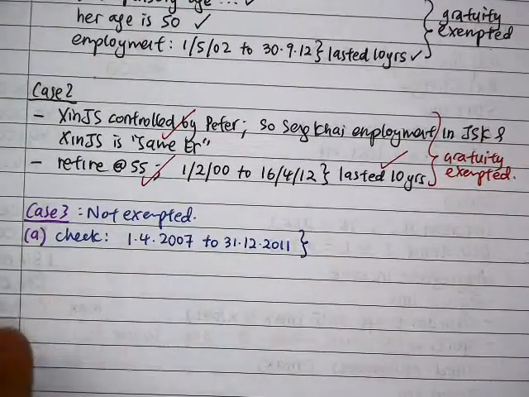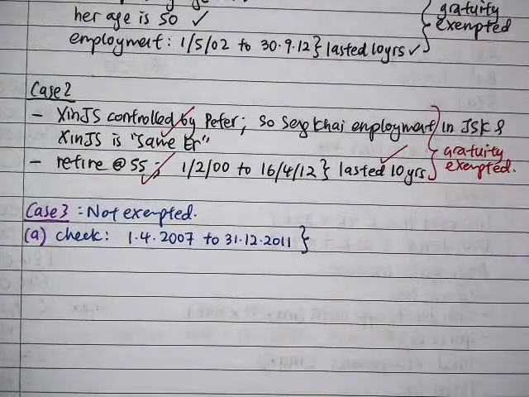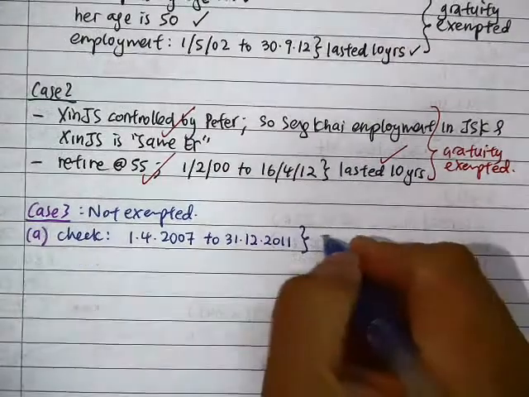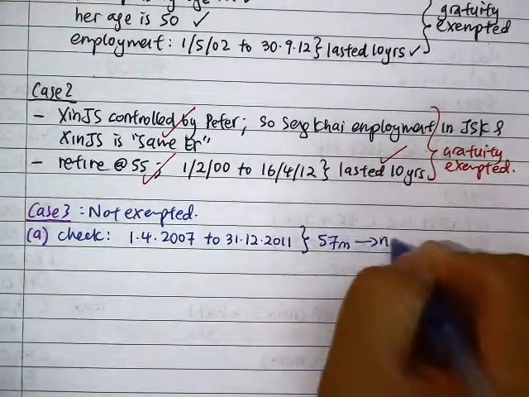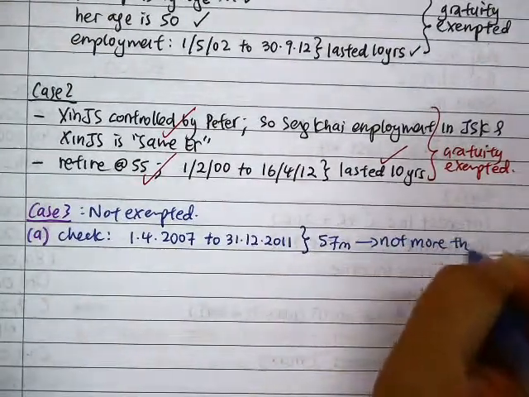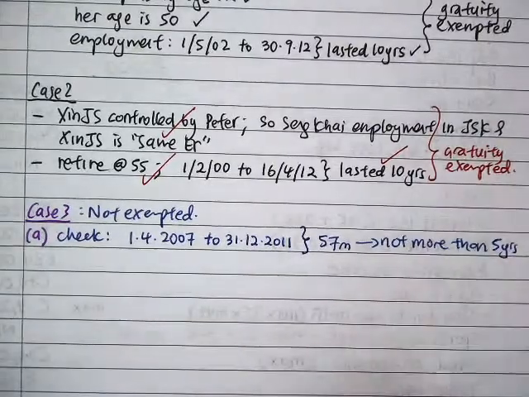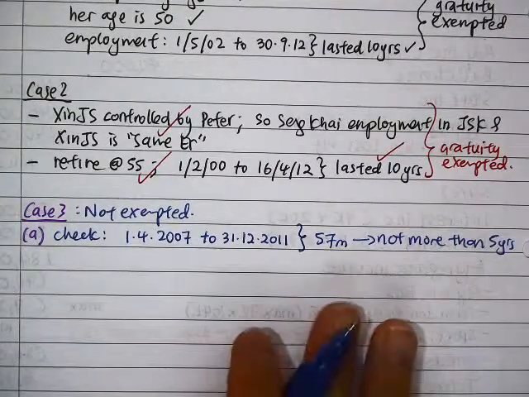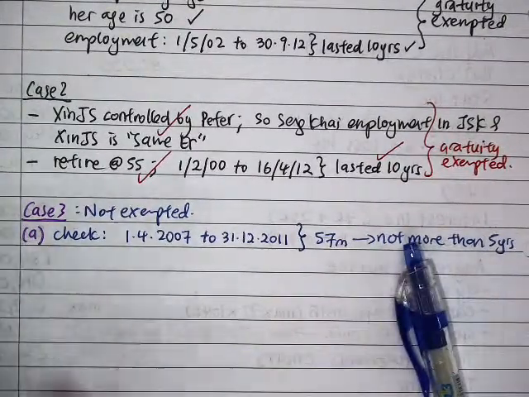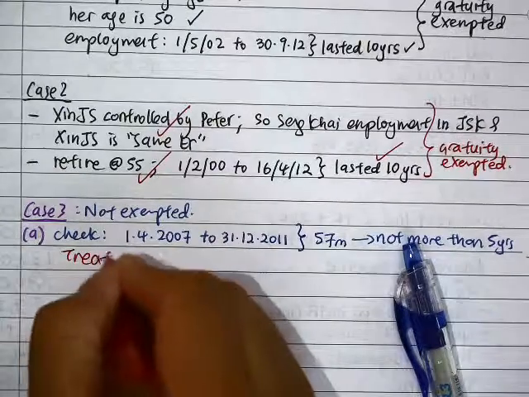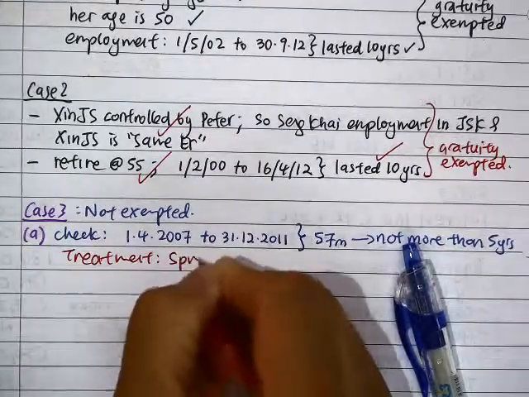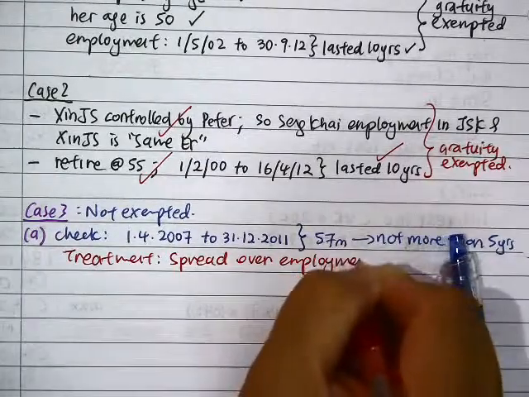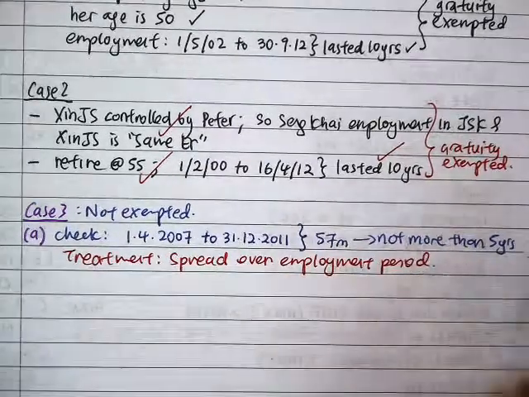From April 07, how many months do we have? 9 months, right? 8, 9, 10, 11. 57 months, which is not more than 5 years. Now, if not more than 5 years, how do you treat? Spread over the employment period.